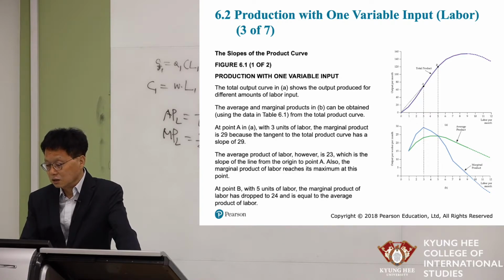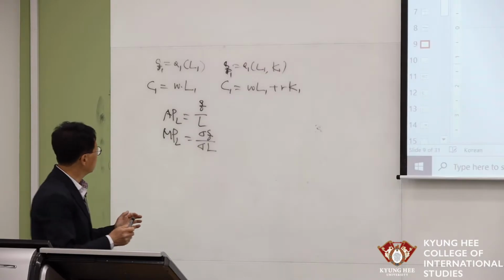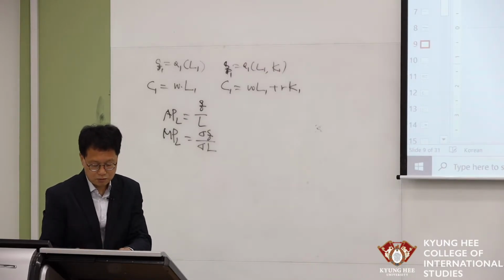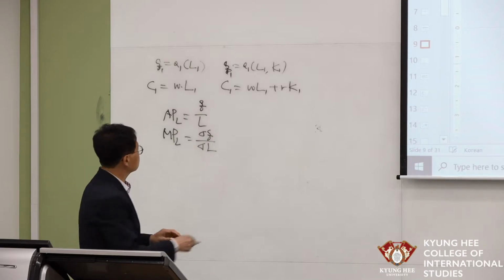So that is the marginal product of labor, and that is the average product of labor. The total output curve in A shows the output produced for different amounts of labor input. The average and marginal products in B can be obtained using the data in the earlier table. Okay? I'd like to explain this a little further.